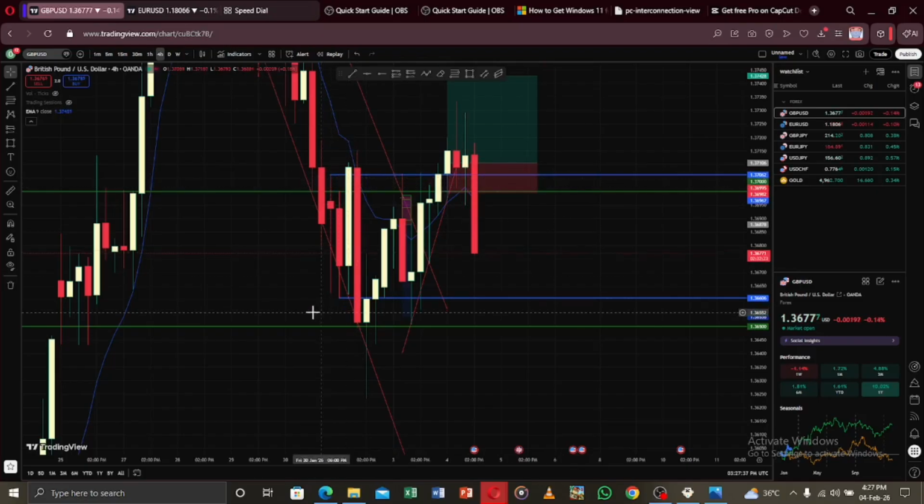Then I wait to see how price moves. If price body closes above here, that means for the rest of the week we should be expecting bullish price going up. But if price had closed below first, we'll expect more short trades.